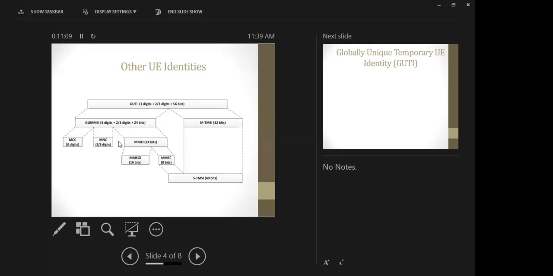But that's preceded by the MCC and MNC, which make this GUMMEI a globally unique identity for a particular MME. Every MME has a globally unique number, the GUMMEI, and that is used as a part of your GUTI.